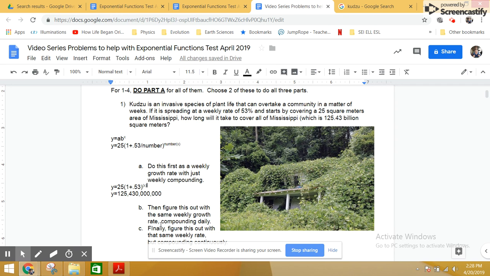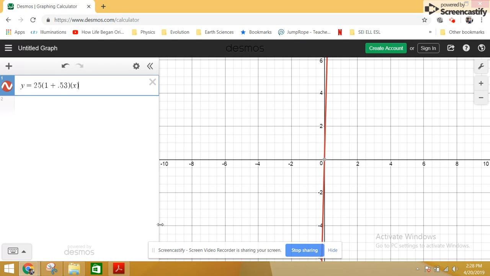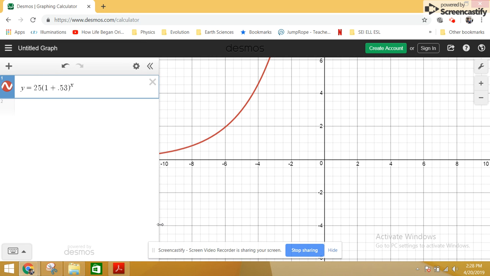So in Desmos, we're going to do this function. Desmos is going to object probably at first, so I'm going to do it that way. So 25, and that x needs to be in an exponent position. I got to do that again. Okay, so there's my basic function.